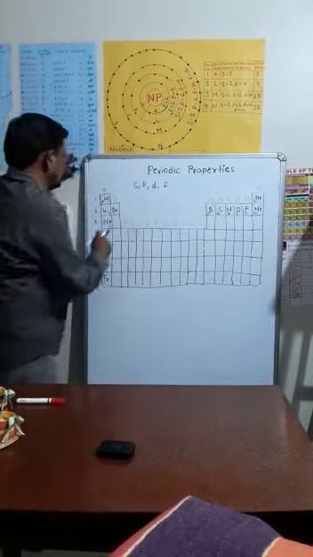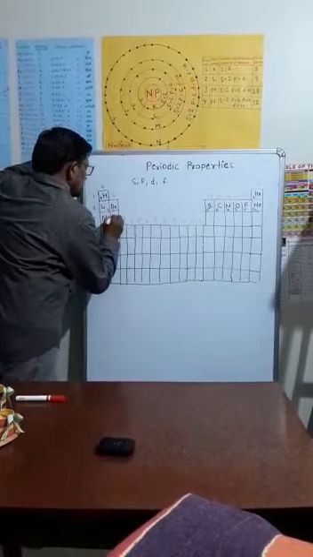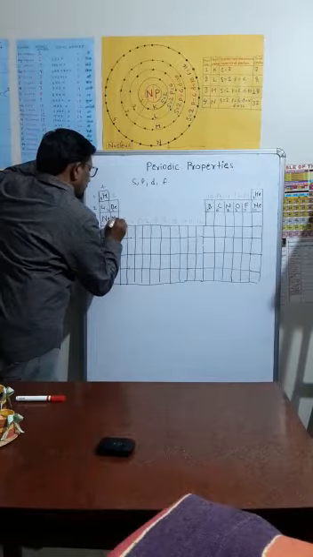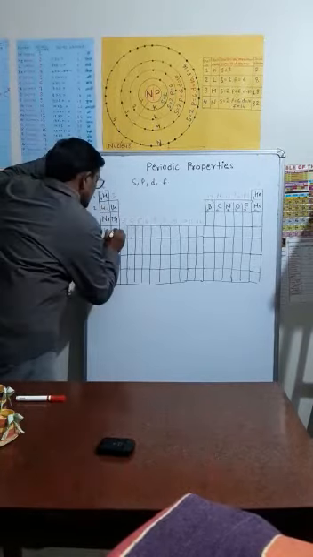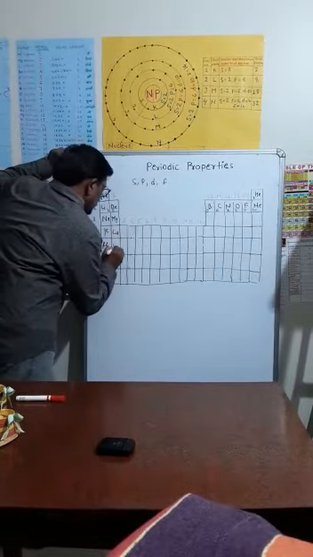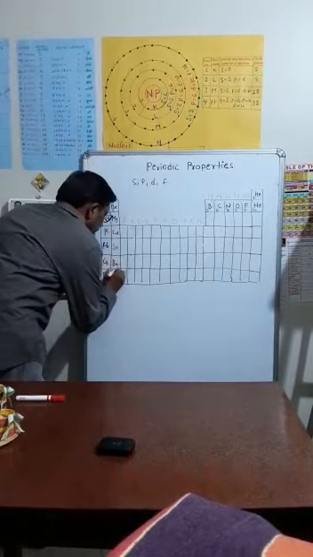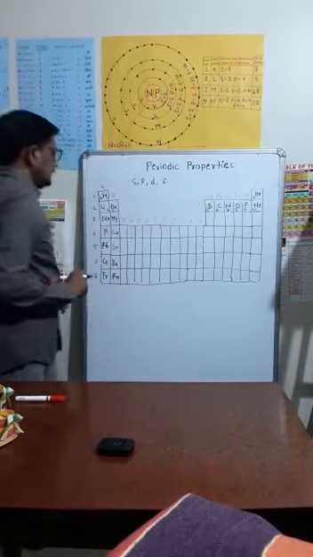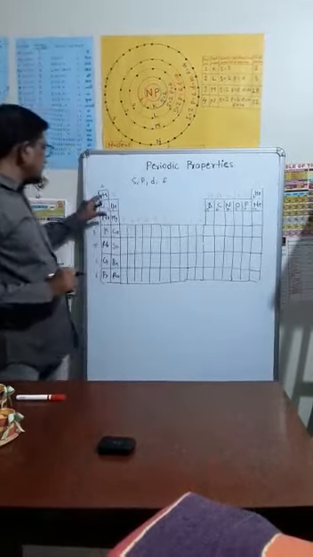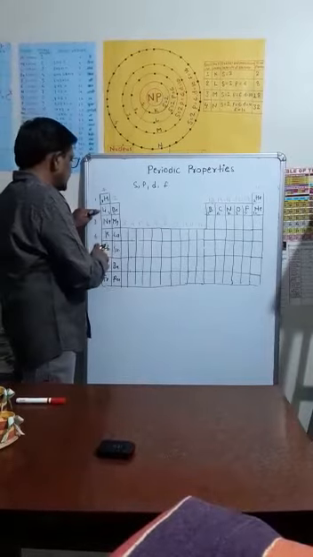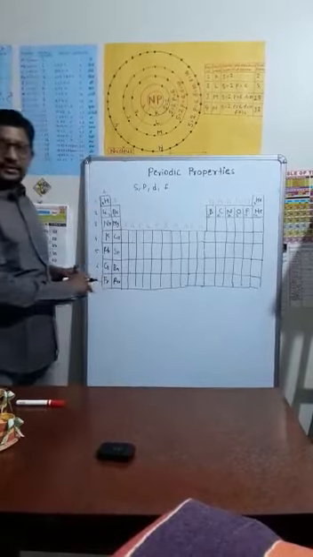The second column is beryllium, magnesium, calcium, strontium, barium and radium. These are the S block elements, these two series: the lithium series and the beryllium series.